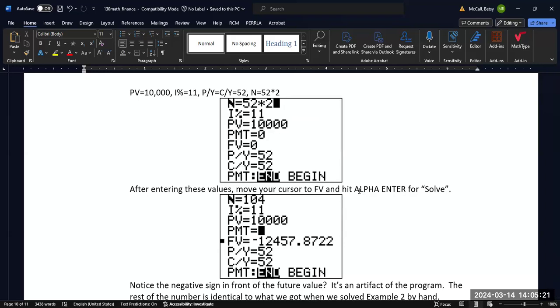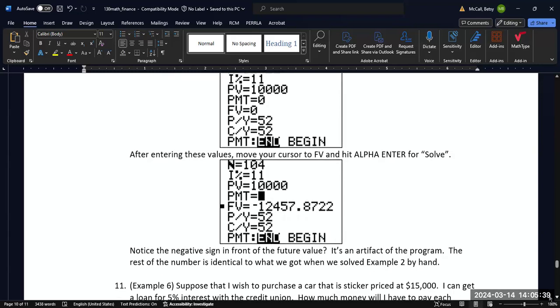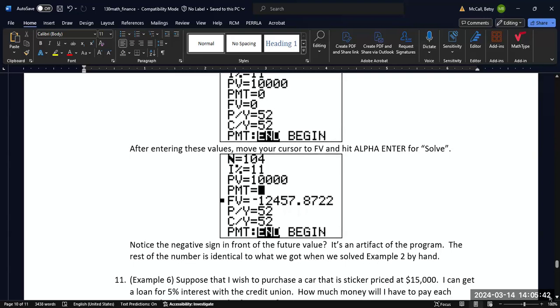And so alpha enter will get you the solve function, and it will solve for whatever line your cursor is on. So move your cursor to the future value, since that's what you're calculating for, and that will calculate your balance. Now notice that this is the same value that we got in the actual example 2, except that there's a negative sign in front of it.